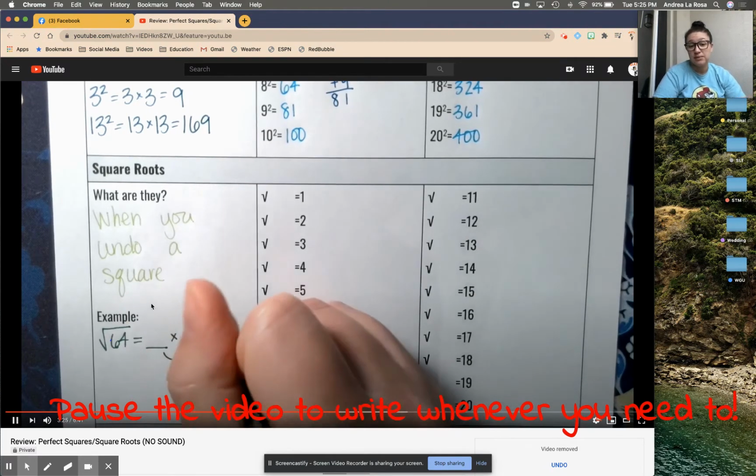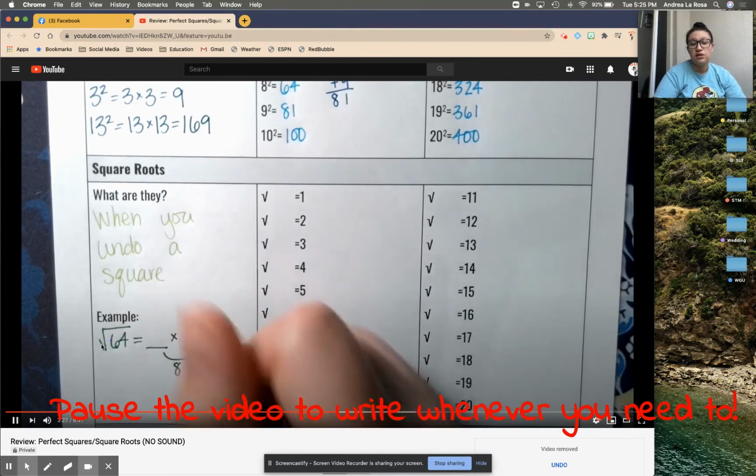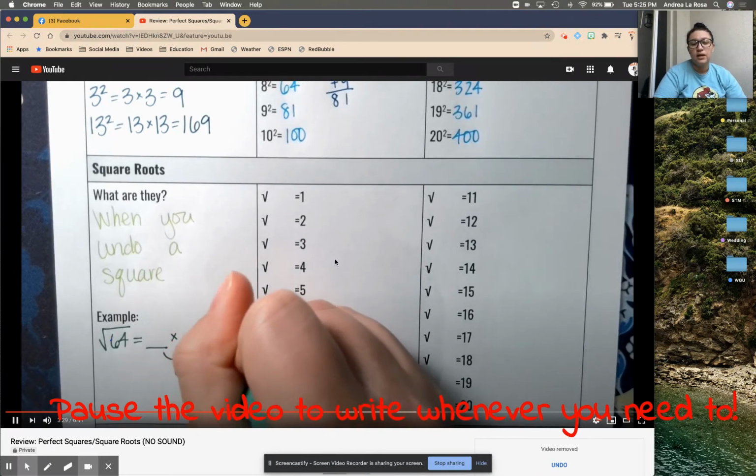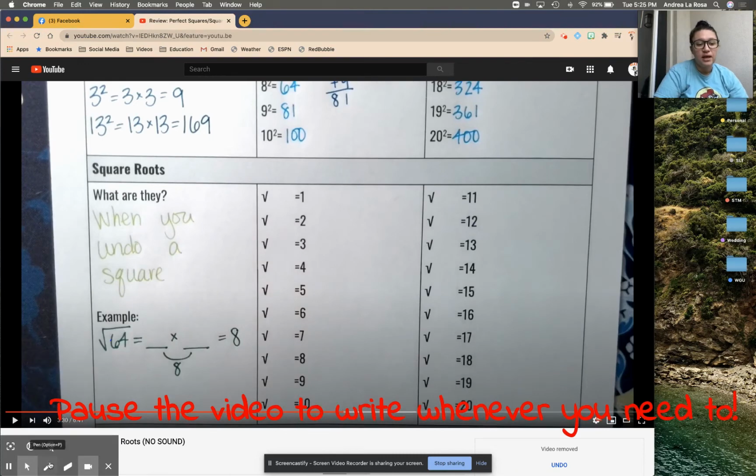I know that 8 times 8 is 64. So the square root of 64 is equal to 8.